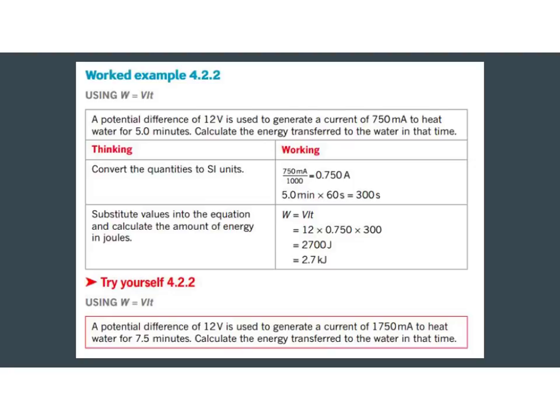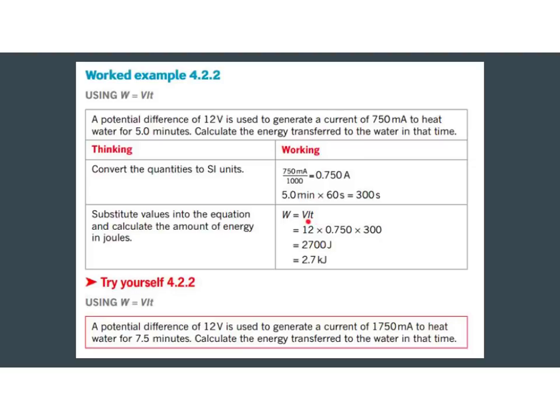So, looking here now is a worked example. We have a potential difference of 12 volts, which is kind of common, to generate 750 milliamps, so 10 to the power of 3, of heat for 5 minutes. Calculate the energy transferred into the water at that time. Using the equation we derived, we need to use time in SI units.